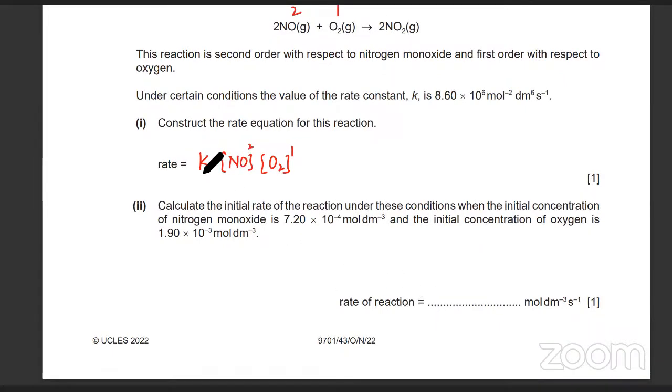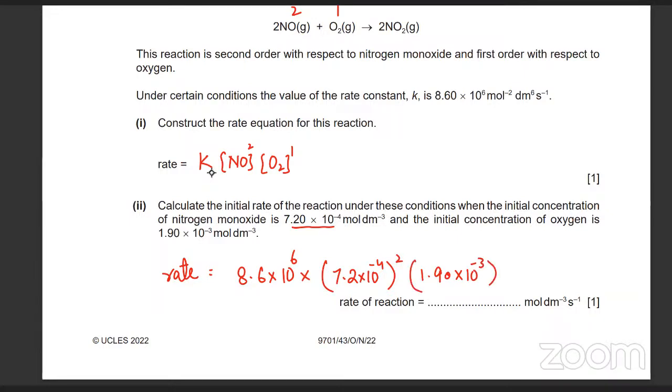So everything is given. Rate is equal to K, which is 8.6 times 10 power 6, multiplied by the NO concentration, given as 7.2 times 10 power minus 4, and that's squared, and O2 is 1.9 times 10 power minus 3, and that's power 1.